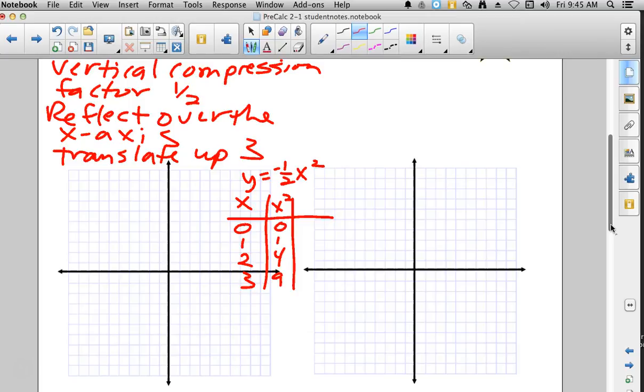And then I say, oh, well, all I'd have to do is multiply that by negative 1/2. So this is still going to be 0. This will be negative 1/2. This will be negative 2. And this will be negative 9/2, which is negative 4.5. Now this is not going to be my final product, but this is the shape of the graph. So my new parent is at 0, 0; 1, negative 1/2; 2, negative 2; and 3, negative 4.5.